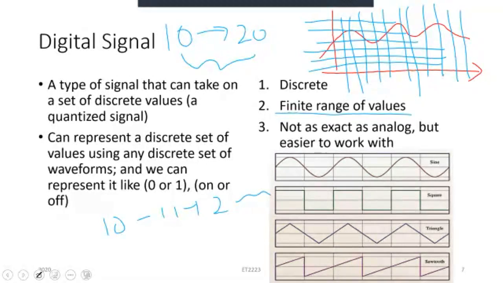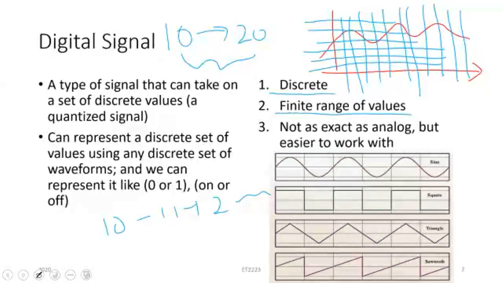Because we have only a finite range of values and only a discrete amount of values, we are not going to have exact values at all points in time as we had with an analog signal. So at certain points, we may not have the exact value as we could have in an analog signal.